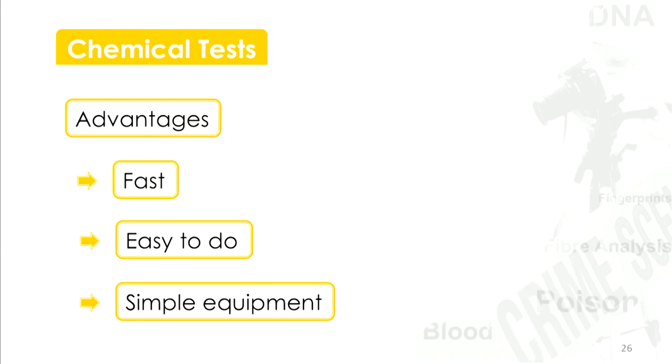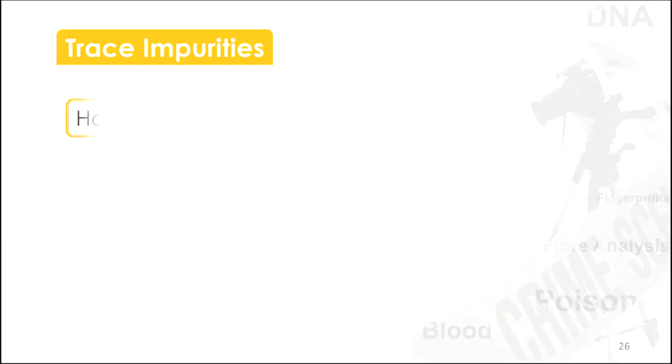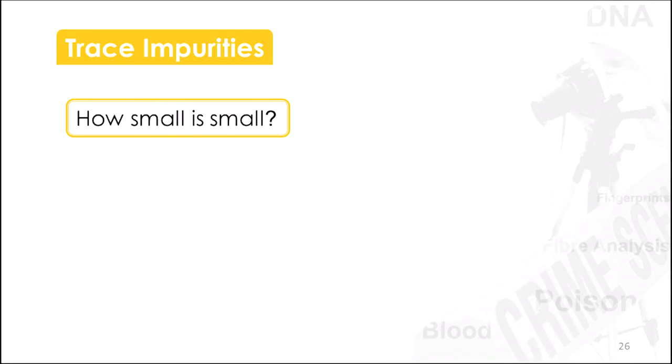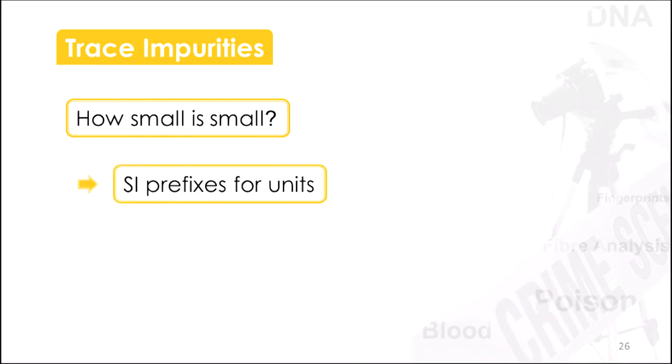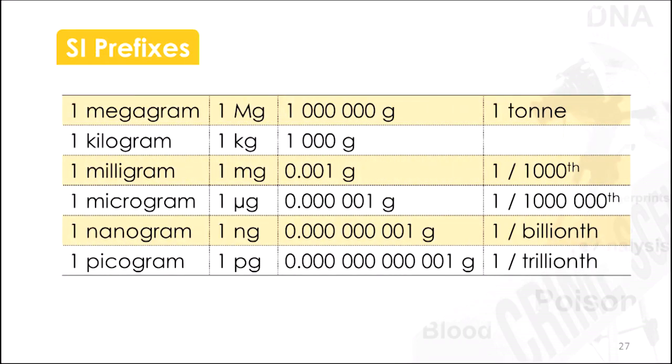Now, when we talk about small quantities, how small is small? Well, let's get an idea of how small can be by looking at the SI prefixes for units. So in the SI system, the metric system, the basic unit of weight is the gram. Well, a gram is not very much. So often, if we are buying stuff in the grocery store, for instance, you might buy a kilogram.